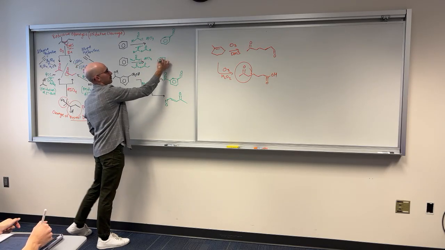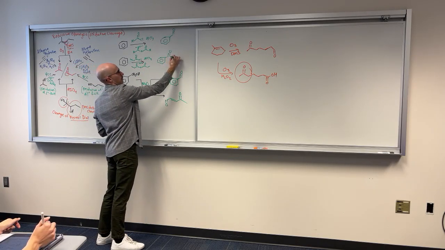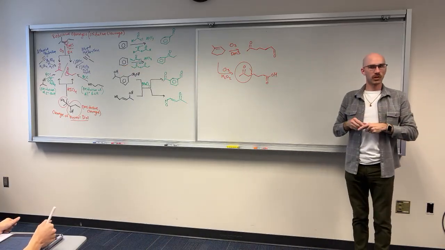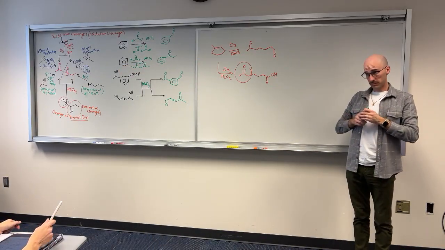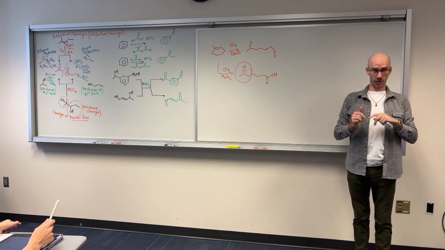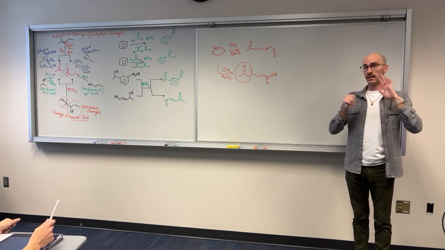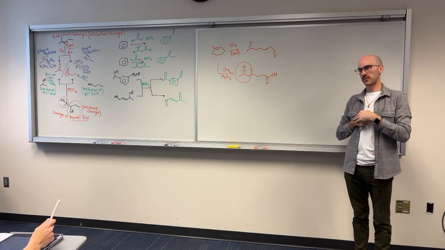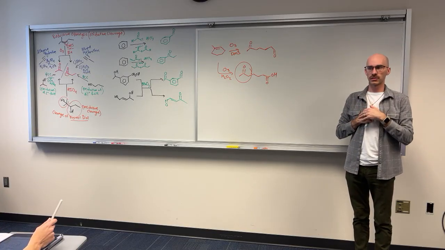But again, I'm just picking 3 carbons for the sake of it. It could have also been a benzene ring. It could have been a cyclohexane ring. It could have been a tert-butyl group. It could have been anything that you would like to imagine, so long as the chemistry doesn't interfere with the acylation.